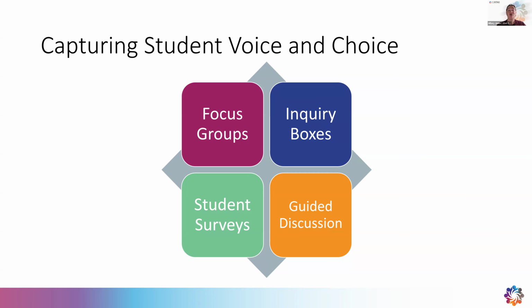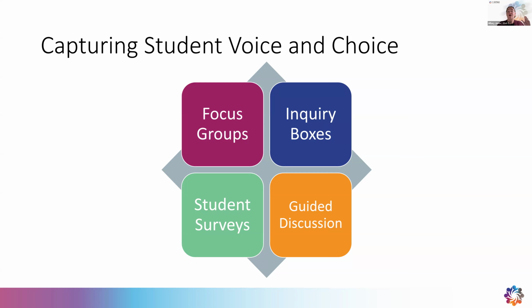The second is you can have a policy that says, hey, we're going to have an inquiry box or a board or some kind of space where youth can share what they're thinking and that they know somebody's going to look at it. Because the worst thing that happens is that there's a question box and nobody's opened that question box for 12 weeks and nobody even knows what the questions, thoughts, concerns are related to, or that they're important to someone, right?